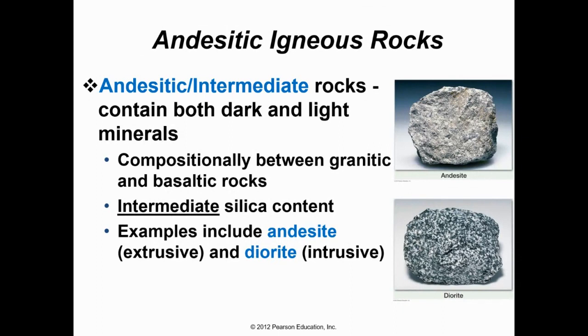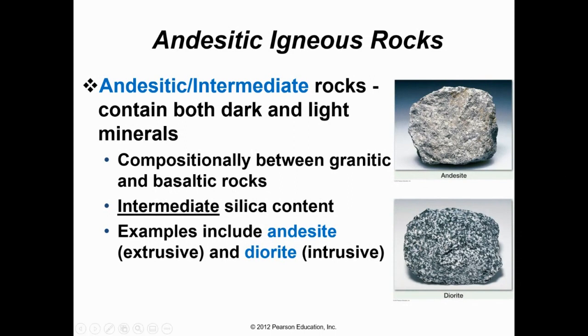Okay, and compositionally as well, they're right in between the two. Silica-wise, they're right in the middle as well. So the easiest way to understand andesitic or intermediate rocks is that they are right in between granitic and mafic, just as you would expect.